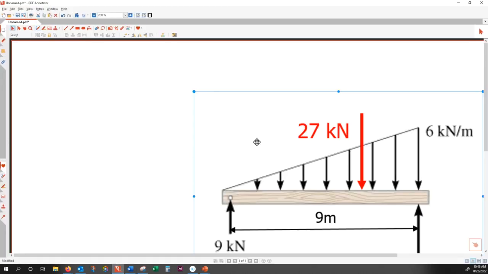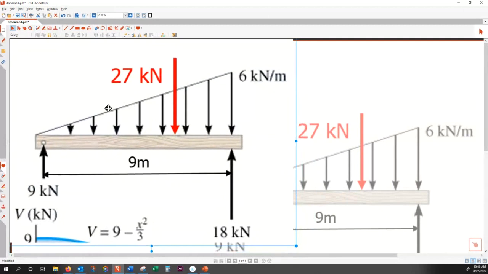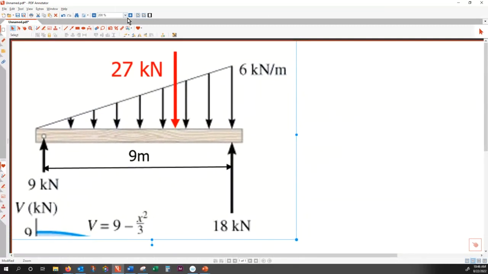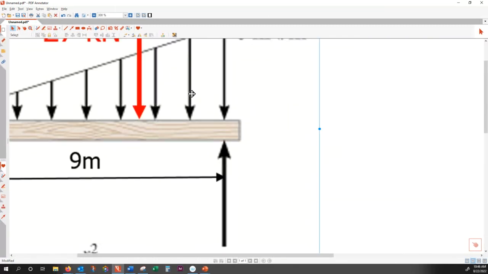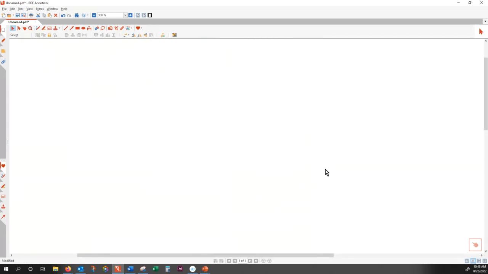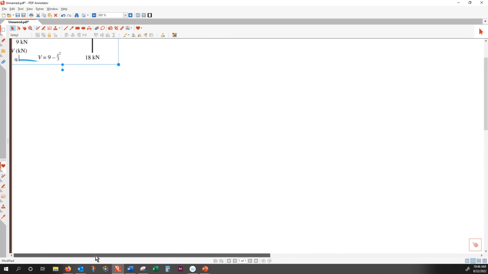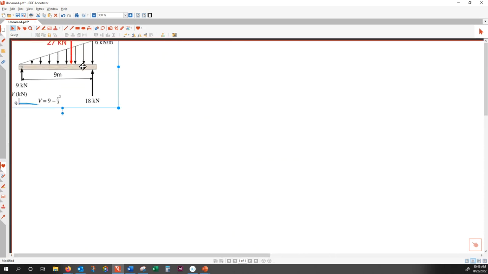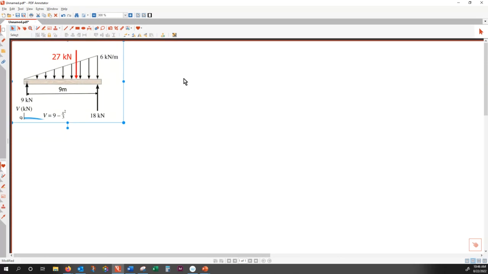Here I have been provided with a beam structure and my beam is subjected to a distributed load. So with that distributed load, what I have to do is first find out the reactions.